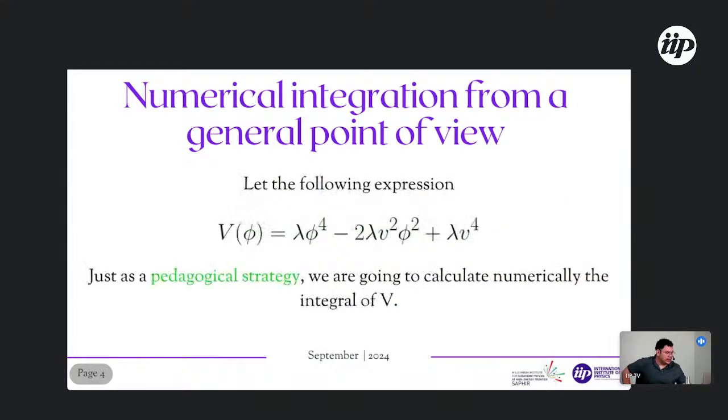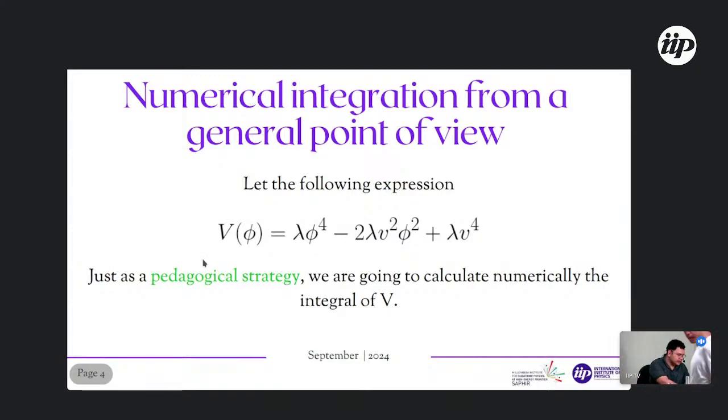The expression that we are going to solve is a very popular one in the standard model, the scalar potential of the Higgs mechanism. But in this case we don't talk about the physics related to that. We are going to see only from a mathematical point of view that this is a function, and we are going to solve the area under that curve using different numerical integration methods.